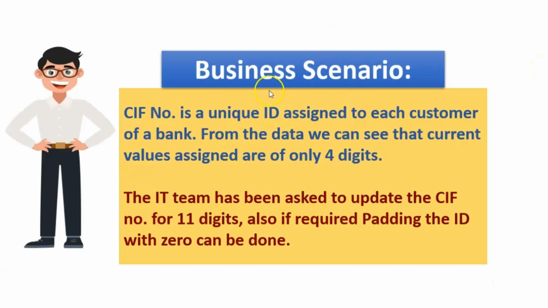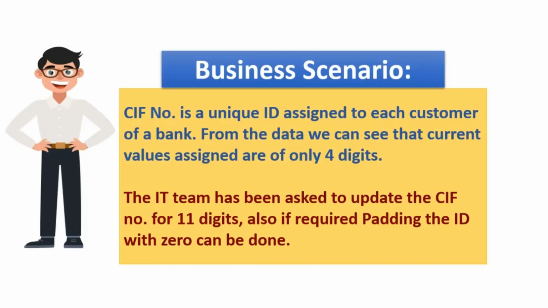Now let us go through our first example. The business heads have shared a regulatory requirement which says that CIF number should be assigned to each customer, and the length of the CIF number, which is the unique ID assigned to the customer, should be equal to 11 digits.